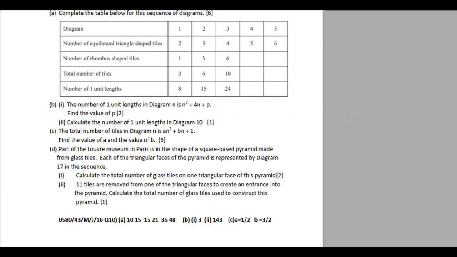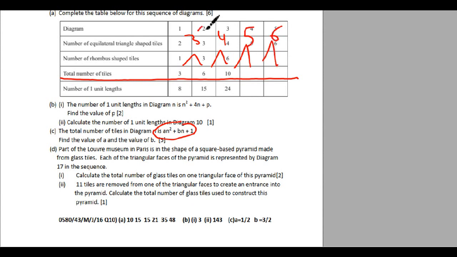The total number of tiles in diagram n is an square plus bn plus 1, and this is the total number of tiles. So they've given us the nth term of this sequence. So we added 3 here, then we added 4, then we added 5, then we added 6, and the second level common difference is 1, which is telling us that the value of a is half. Once we have that, we can tweak the formula.